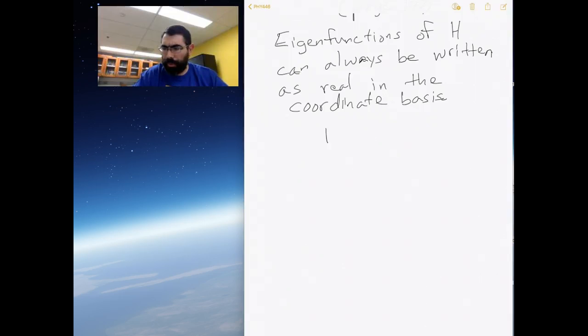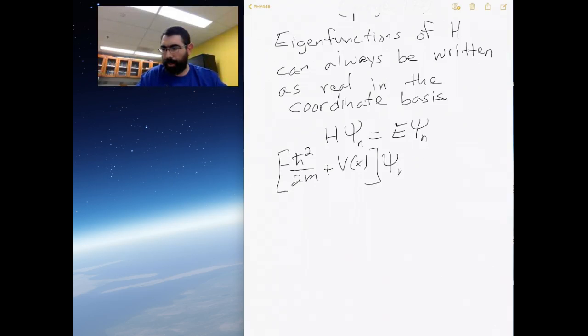So if we start with the Schrodinger equation, I can write that out as minus h bar squared over 2m, plus the potential energy, operating on the wave function gives me my eigenvalue of the energy times the wave function.